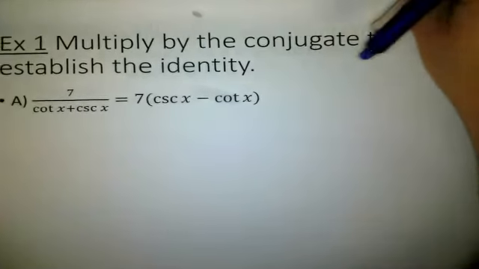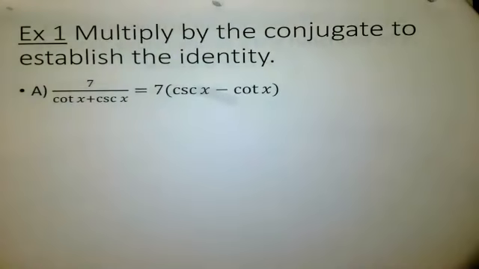So example 1: multiply by the conjugate to establish the identity.